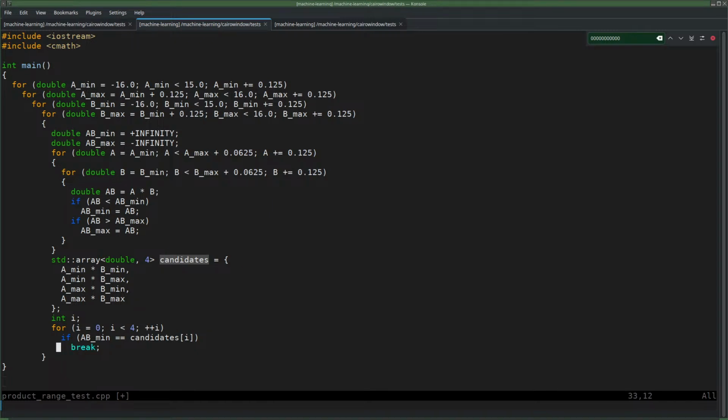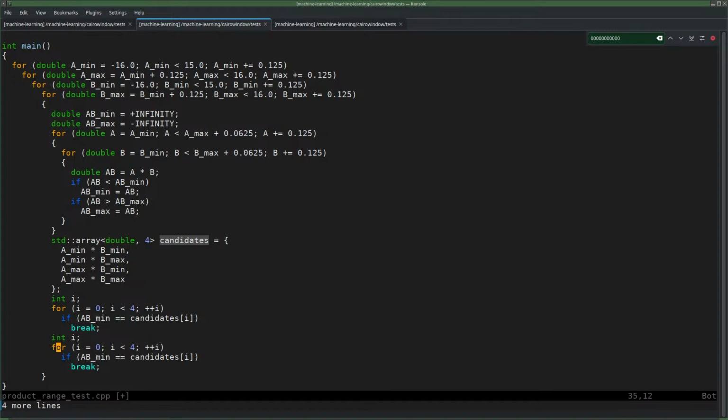Otherwise, it's going to be equal to 4. Could do the same thing for, I'll just use j or something.